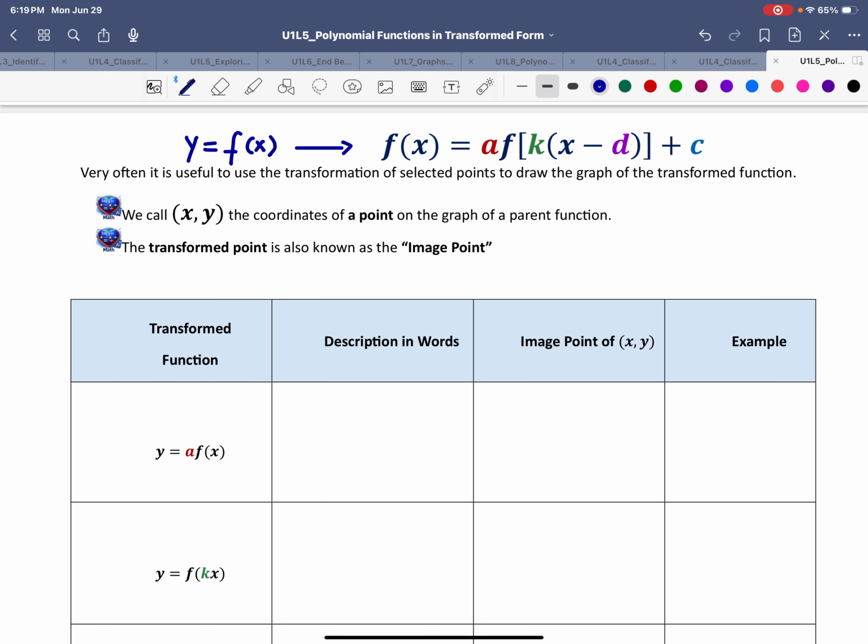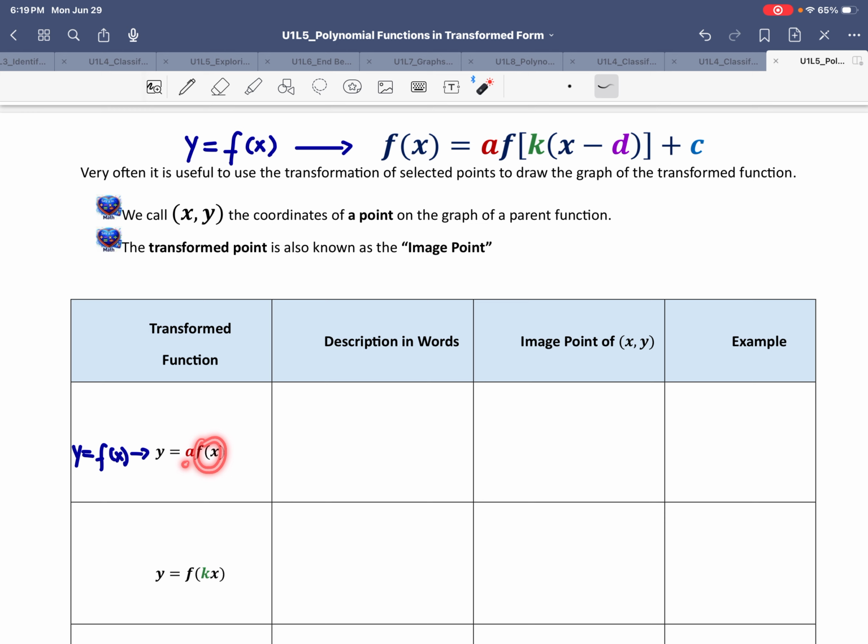When coefficient a is at work, the parent function y equals f of x is changing to become y equals a f of x. As you can see, coefficient a is multiplying f of x, which means that it's multiplying y. F of x and y mean the same thing, which means that for the same input of x values, the y values will be affected by a.